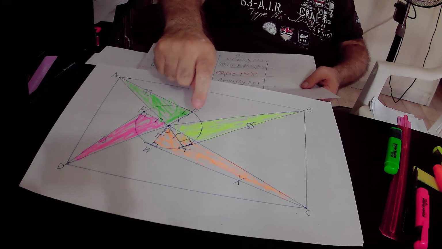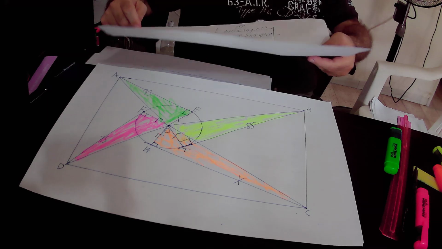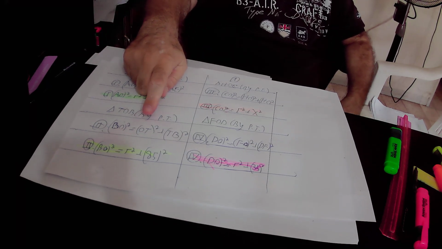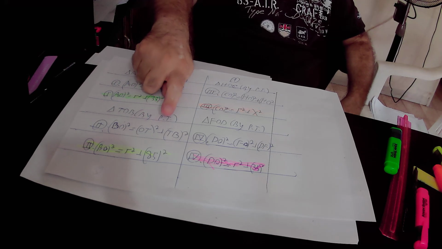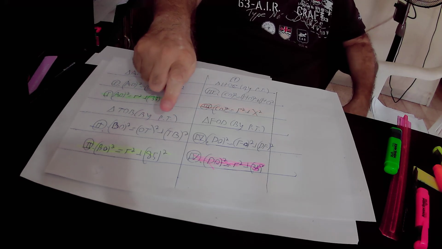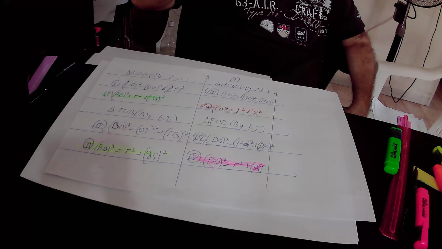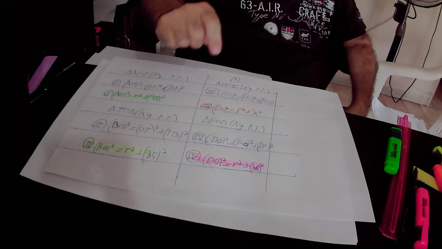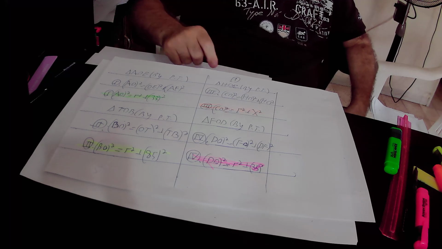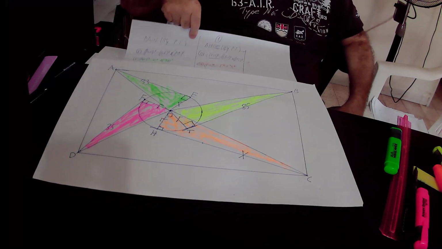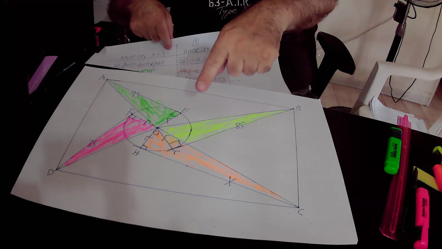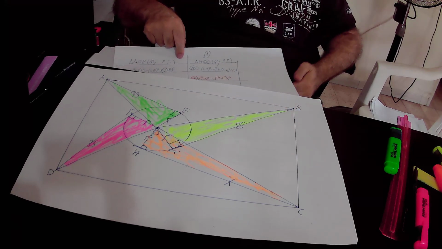OT equals R and TB equals 85. So OT square is R square, TB square is 85 square. So in conclusion, according to equation number 2, BO square equals R square plus 85 square.